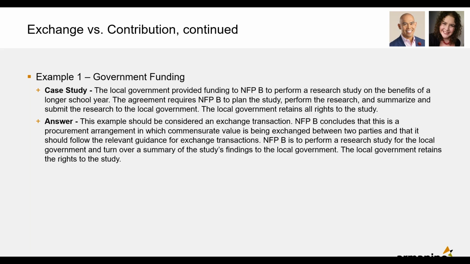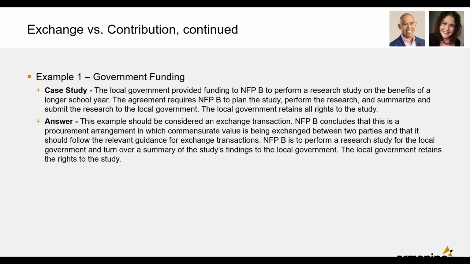I think when this first came out, a lot of people were really scared that this means everything's going to flip, that things we didn't record, we're now going to have to record. And so we wanted to share this example to really highlight that you have to go through a decision-making matrix and really evaluate it on its merits, because it depends on facts and circumstances in every case.